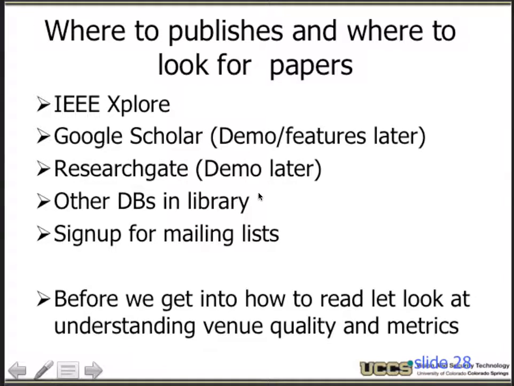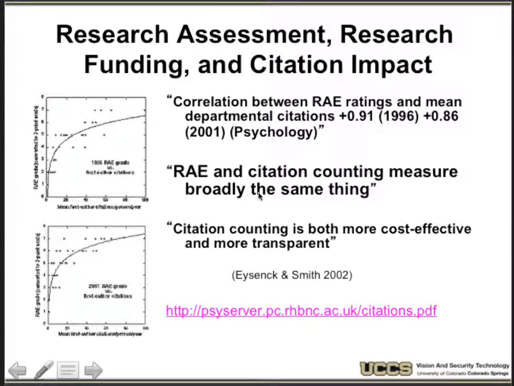Now, one of the reasons I'm very interested in looking at citations is because of various studies, and this is data from the research assessment analysis that goes on in the UK every year, but there have been various studies done in multiple countries where they look at the national ranking as done by a science board and look at the number of publications.